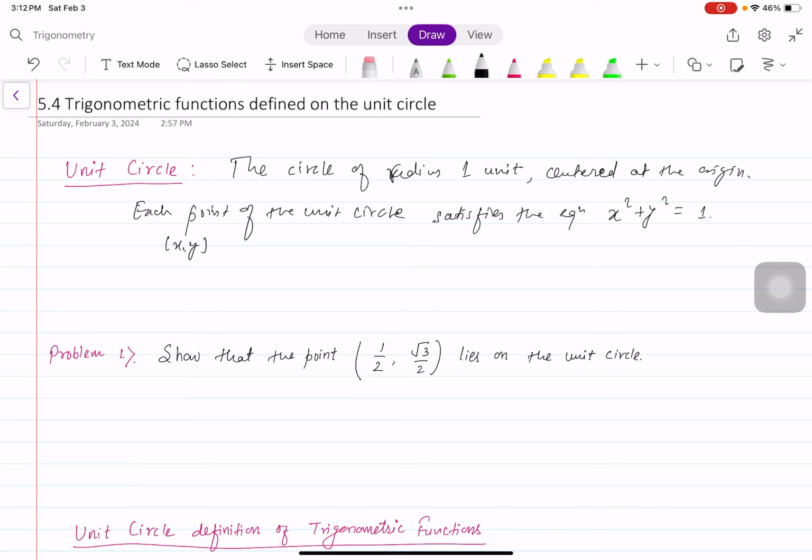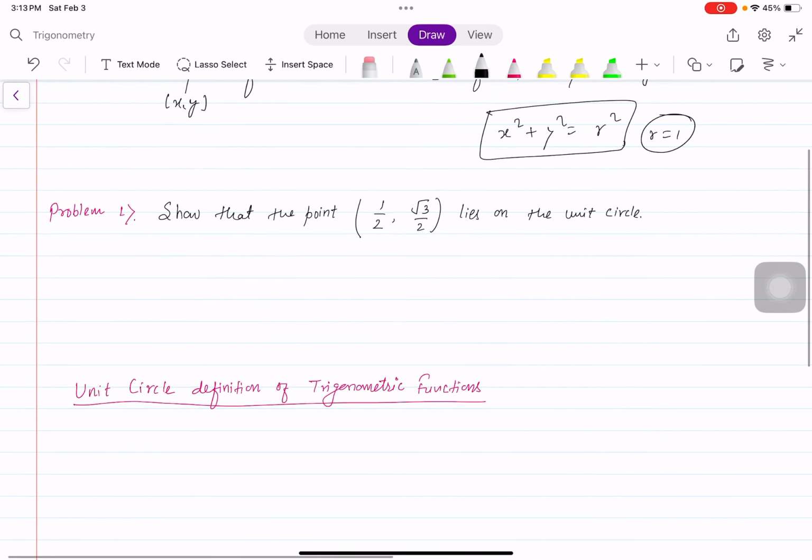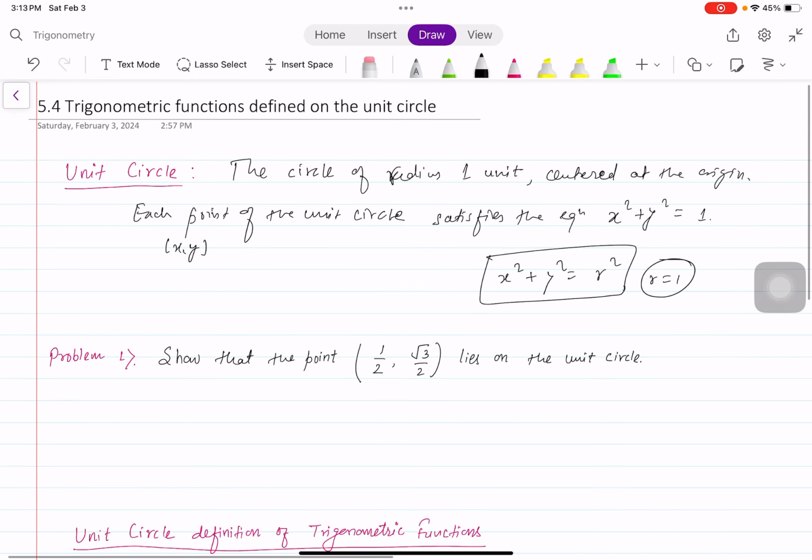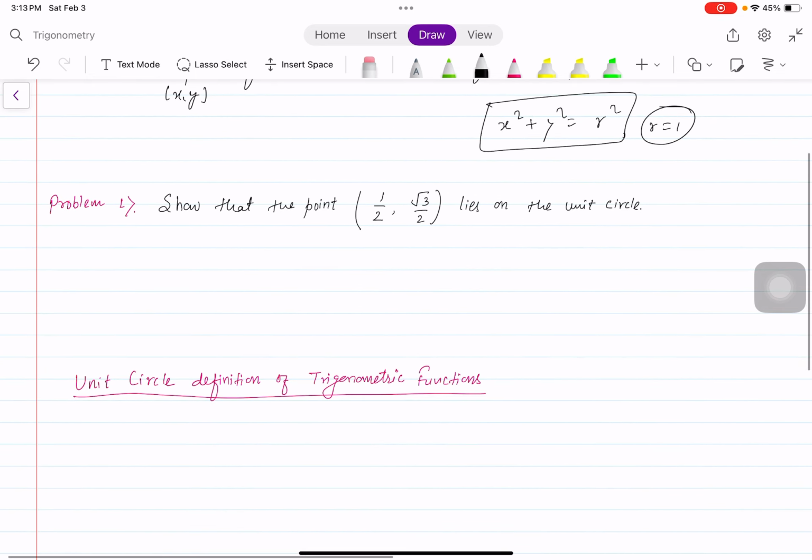Remember, we had this relation between x, y and r given by this equation. If you plug in r equals 1, this equation describes the point that moves in a circle of radius 1. Now, corresponding to this part, we will solve one problem: how to show any point lies on the unit circle.